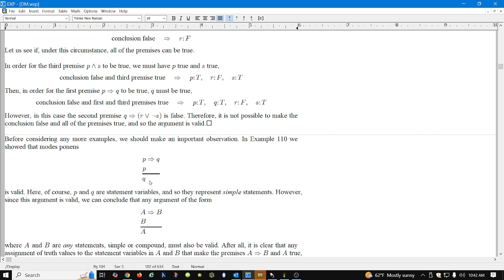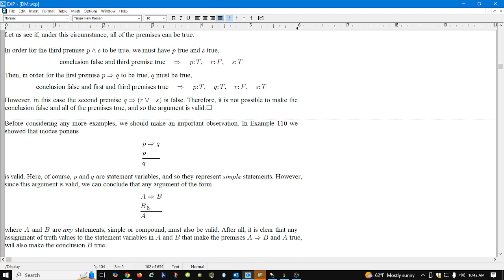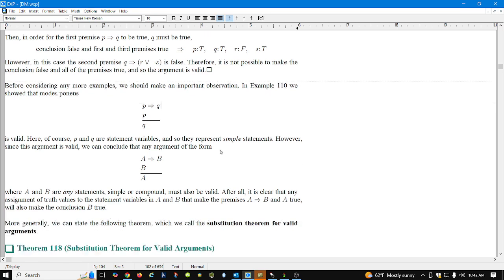We could substitute compound statements for each of P and Q, as long as we do it consistently, so every occurrence of P gets the same compound statement. And similarly for Q, we have something that looks like this. A implies B, A therefore B, where A and B can be any statements at all, simple or compound. This has to be valid.